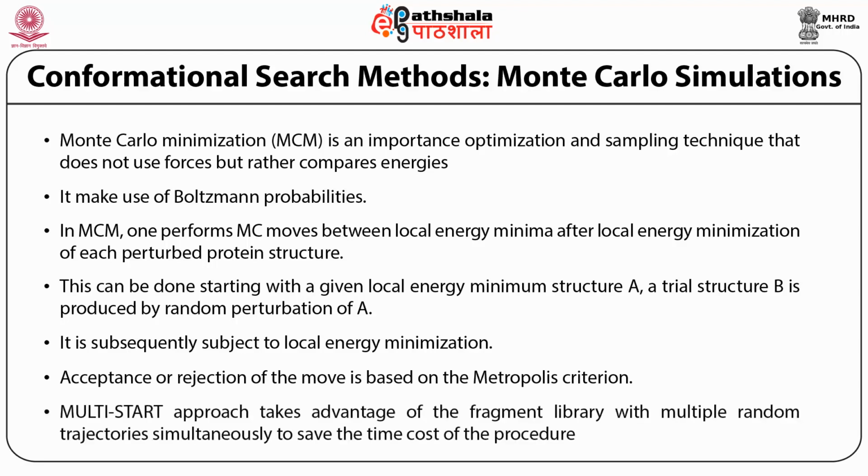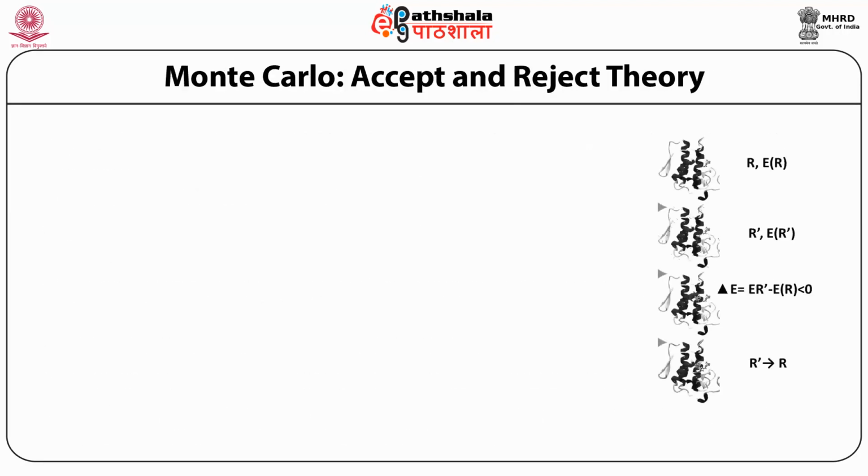The multi-start approach takes advantage of the fragment library with multiple random trajectories simultaneously to save the time cost of the procedure. The Monte Carlo method of conformational search uses the accept and reject theory.